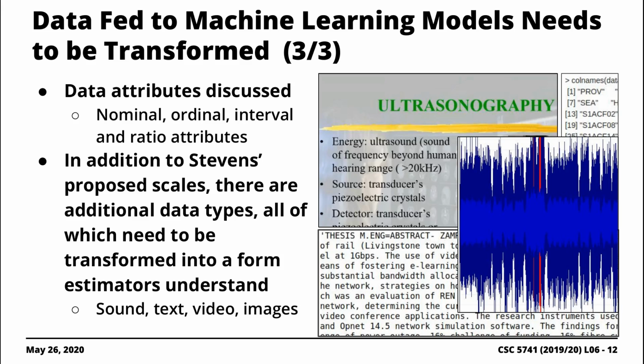And so when you're dealing with categorical data types, you can have two forms. It's either unordered categories of data or ordered categories of data, right? So nominal attributes would be unordered categories, so male or female. Ordinal data types would be ordered data attributes.